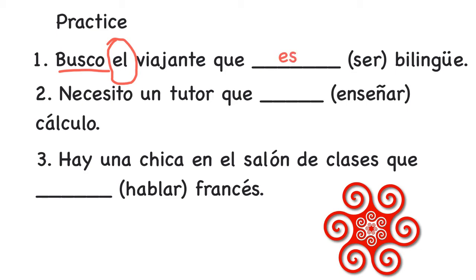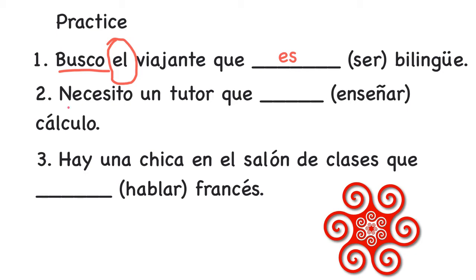Okay, what about the second sentence? Necesito un tutor que enseñar cálculo. Do we have a word or a phrase or a verb that could function as a subjunctive trigger? Yes, we do. We have necesito.